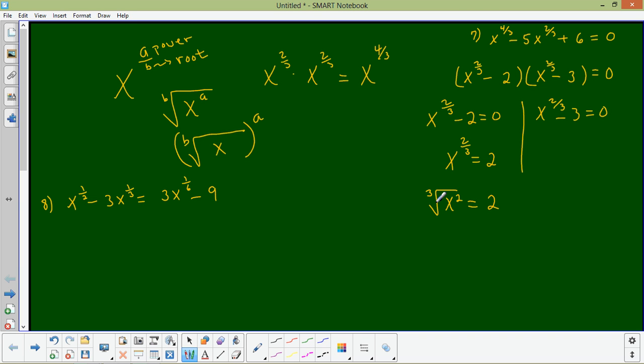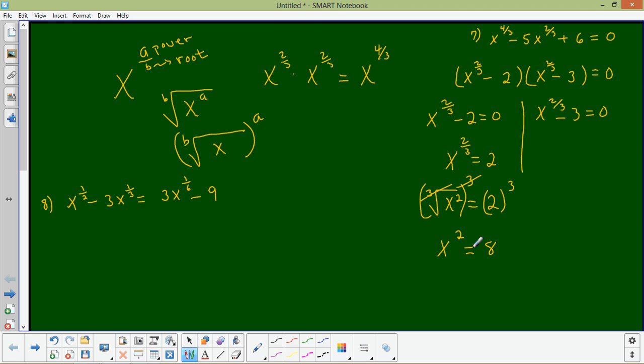Well, what's the opposite of cube rooting? The opposite of cube rooting would be to cube, wouldn't it? Cubing and cube rooting would undo each other, so to speak. And so we get x squared equals 8. 2 times 2 times 2.